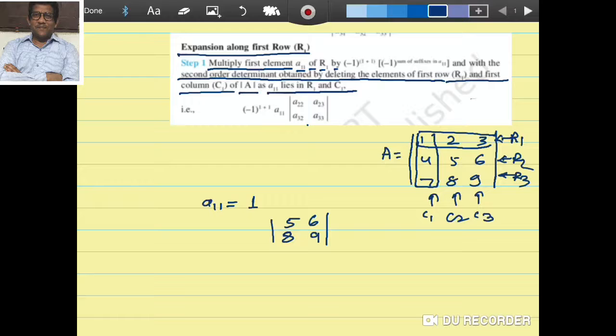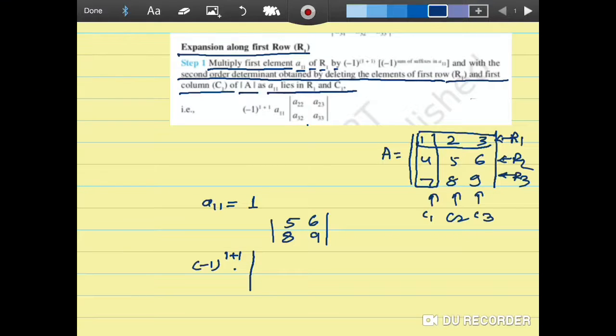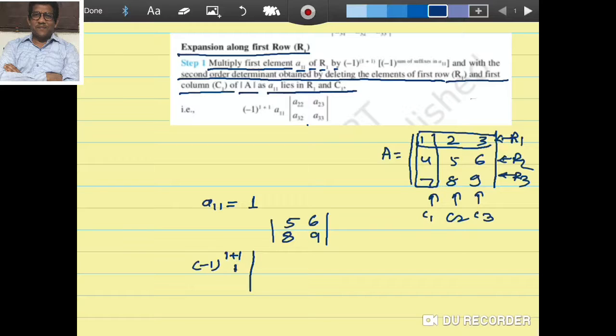Now we have minus 1 to the power 1 plus 1 into a11, that is 1, into |5 6; 8 9|.